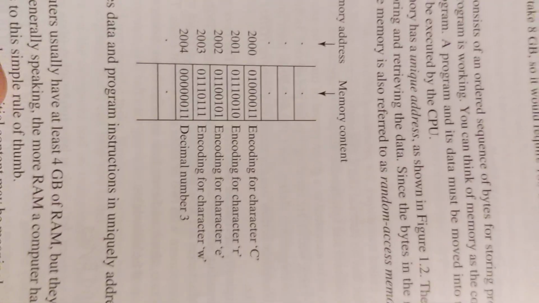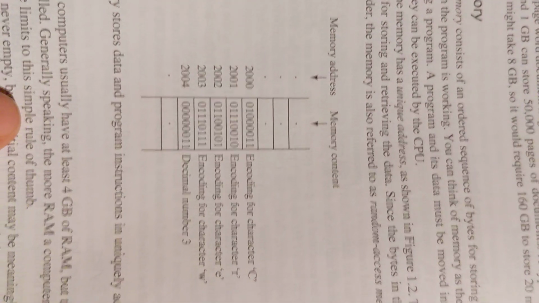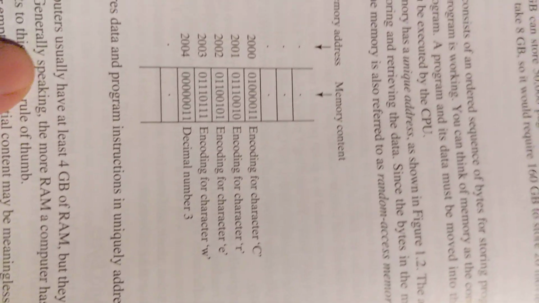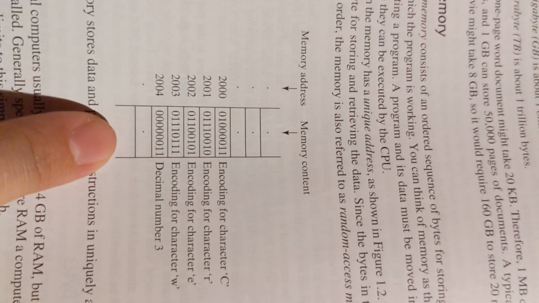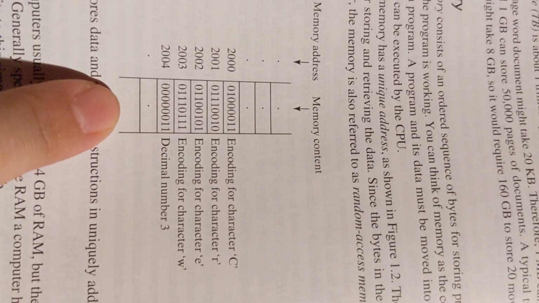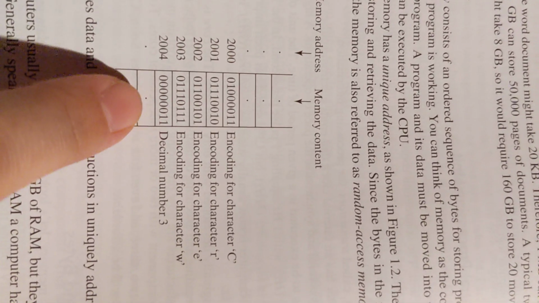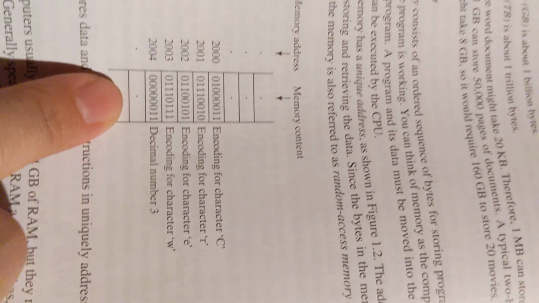Alright, so I will go ahead and show you the figure that it's talking about. Memory address, memory content. So here's your address, and this is how the character is represented, basically.